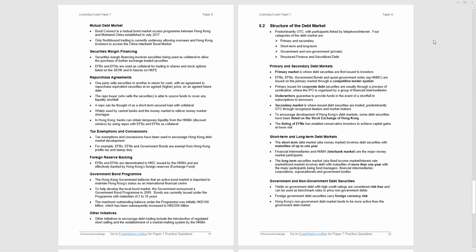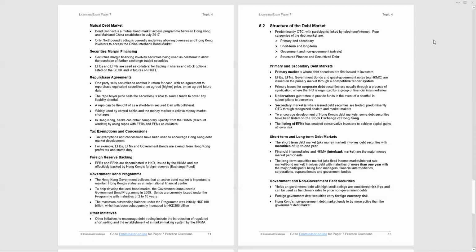Section 5.2, the structure of the debt market, different structures, primary versus secondary, short-term debt versus long-term, government and non-government debt. Well, non-government is corporate debt. And then we've got structured finance security debt. Now, we've covered a number of these points elsewhere in paper 7.